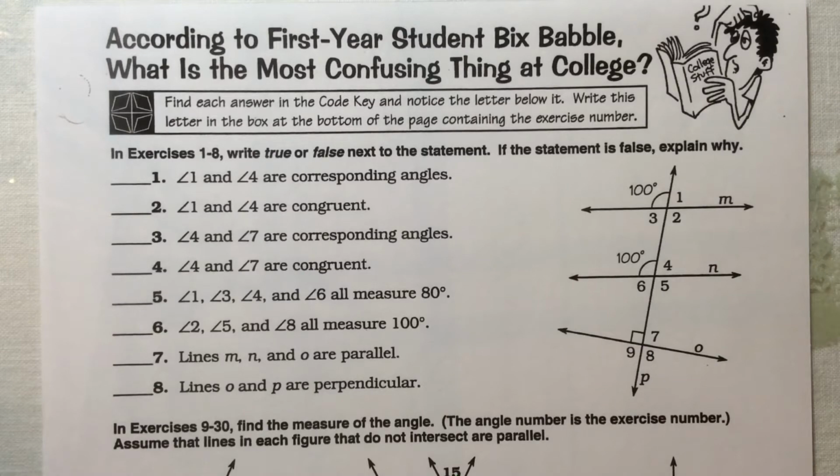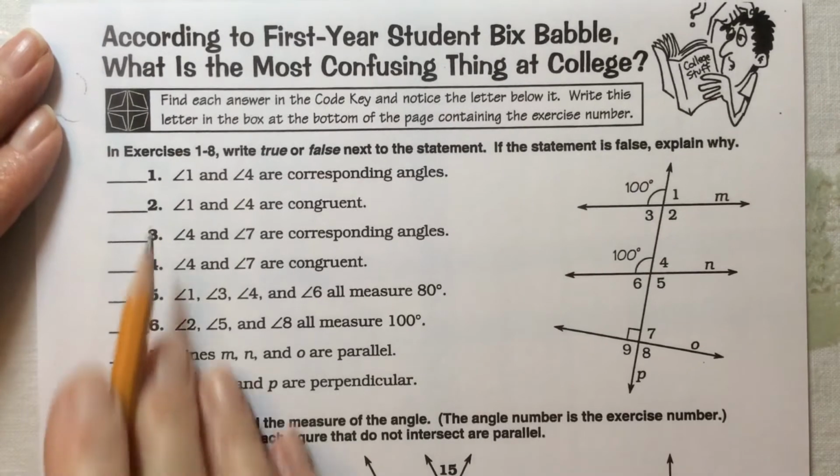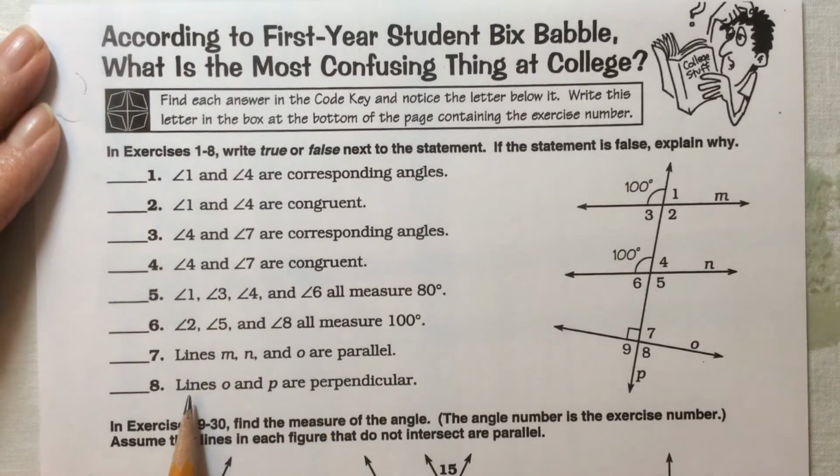This video is to provide you some guidance on how to do the Bix Babble puzzle. And this first part in the Bix Babble puzzle is all about understanding these angle pair relationships.